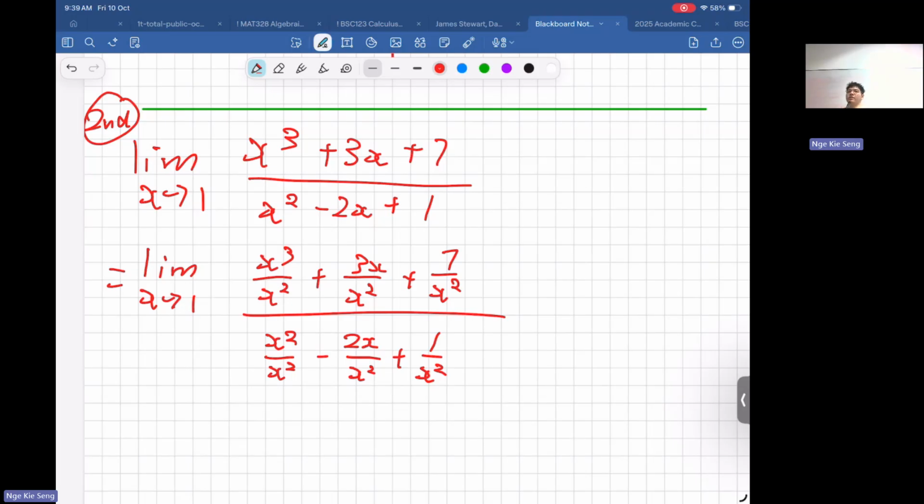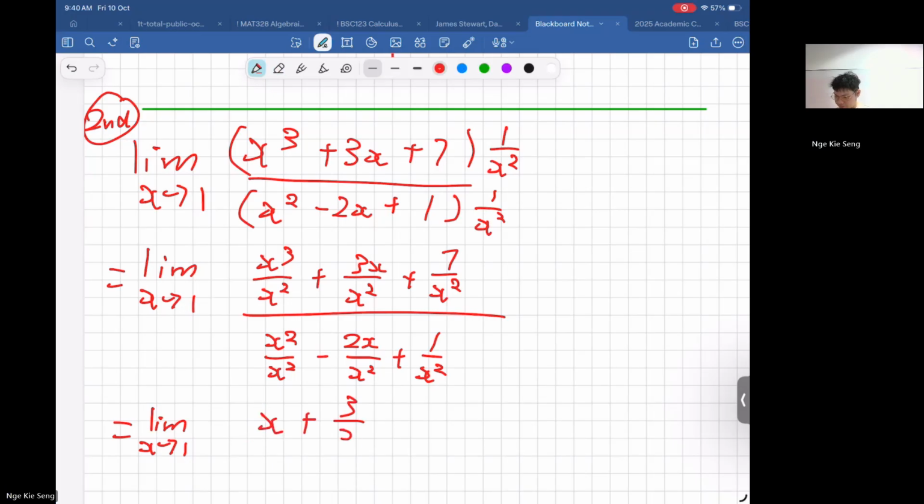If I divide top and bottom by x squared, I'm multiplying by 1, right? But the good thing about this is I make my function easier around 1. So let's see, is it easier here?